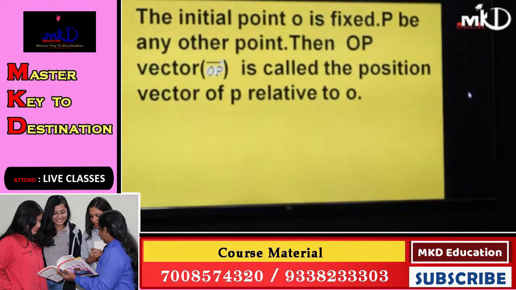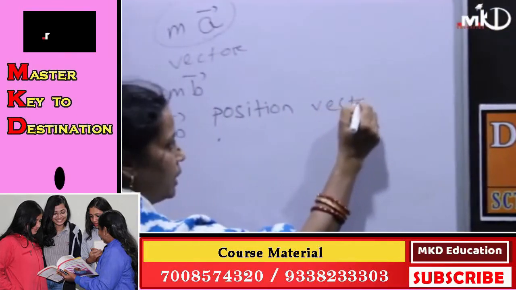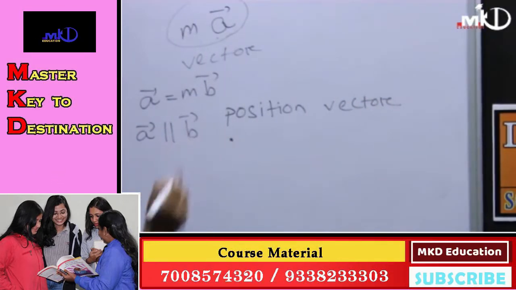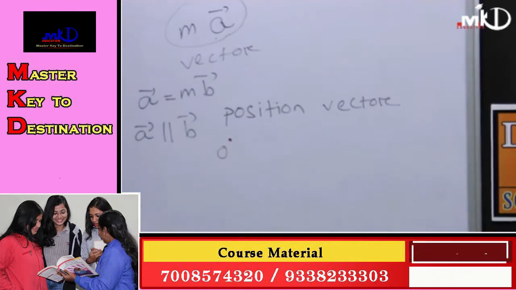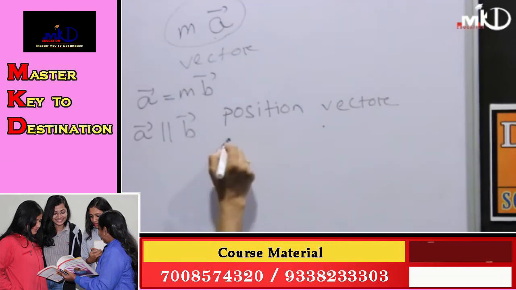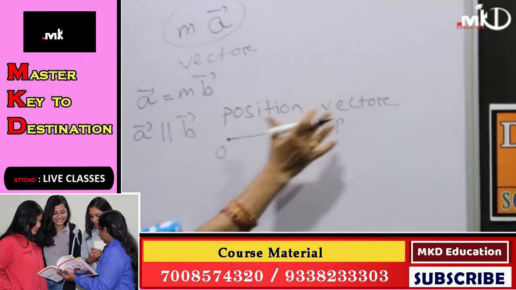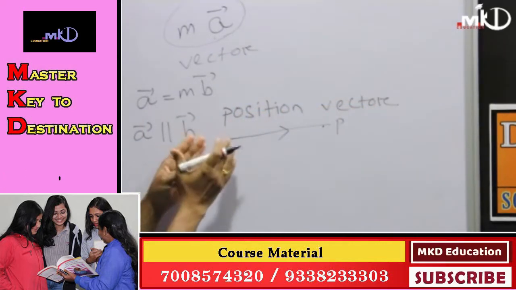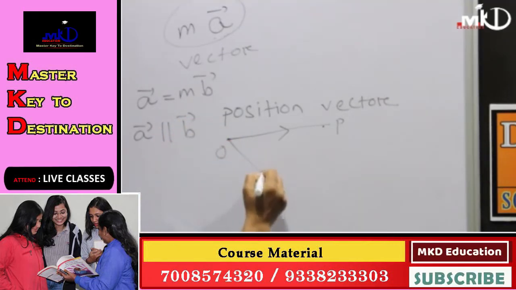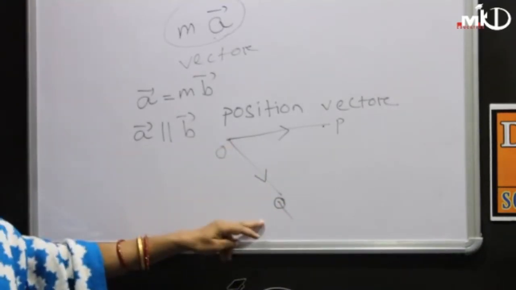Suppose the initial point is fixed, that is our O. Whenever we take another point P, this vector OP is defined as the position vector of P. That means we keep the initial point fixed, and the reference point gives the position vector of the corresponding vector.